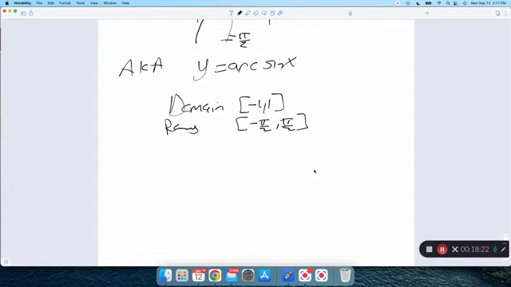So, sine of x, you give him an angle. X is an angle in specific places. You can't use any angle you want. You want an angle between -pi/2 and pi/2. So that's quadrants.